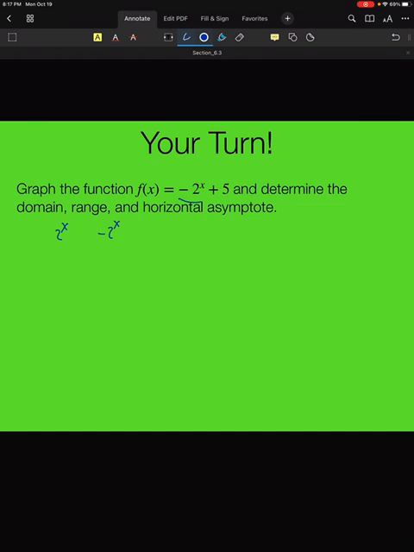If you would like to graph the function, that's fine, but I'm not going to make you graph it. So what happens in words when I multiply by negative in front of the 2x, and then what happens when I have plus 5 there, say in words. Then determine the domain, range, and horizontal asymptote.